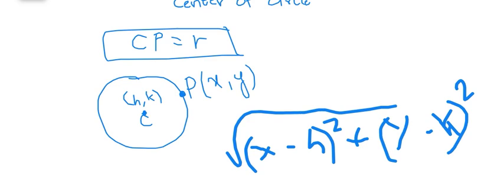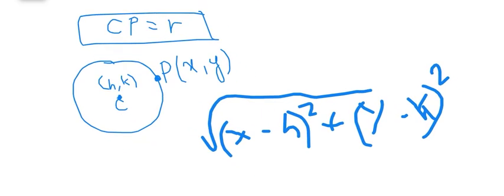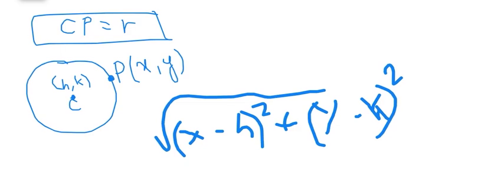Okay, this is CP, right? And the square root is over all of it. So this distance must be equal to the radius.